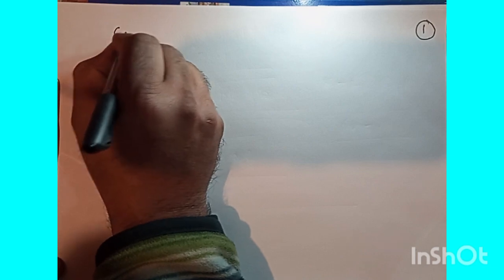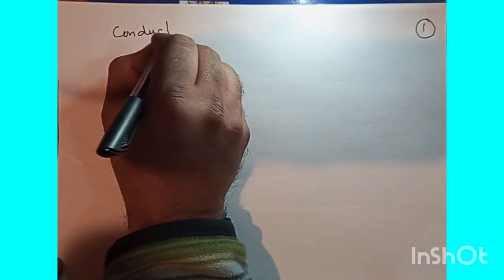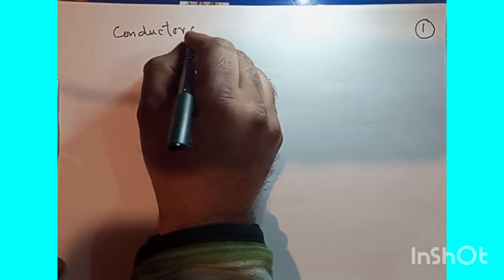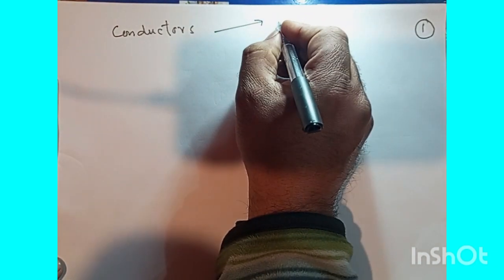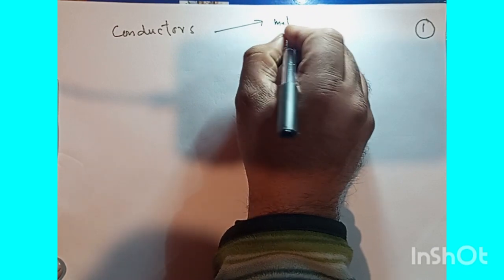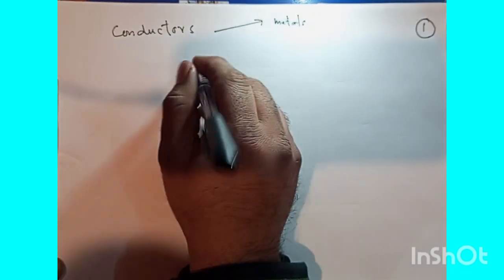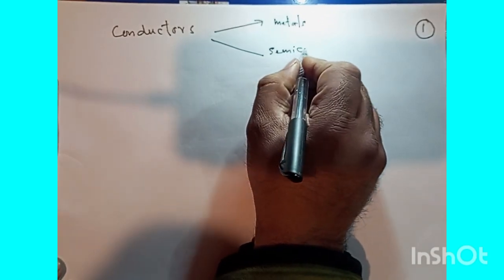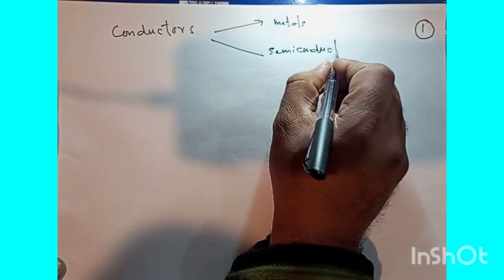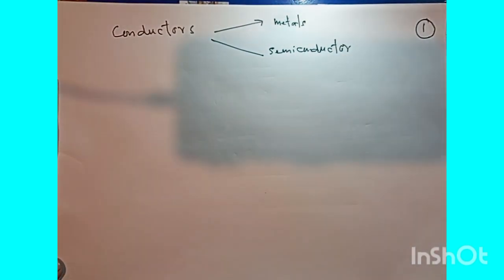Now, within the domain of conductors, we can classify conductors as metals or semiconductors. So this will be the right choice to start with.